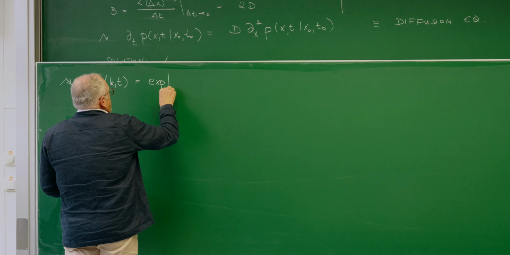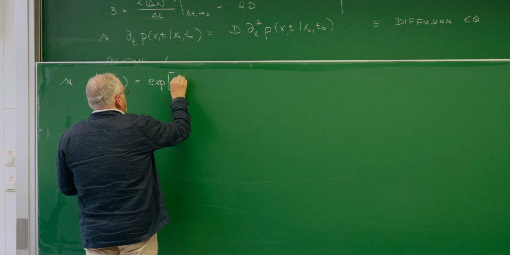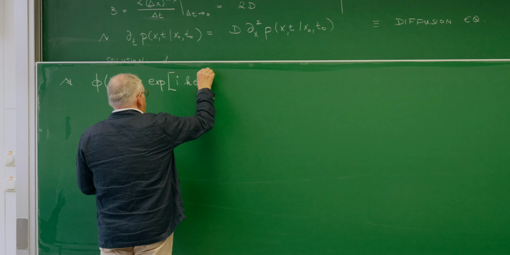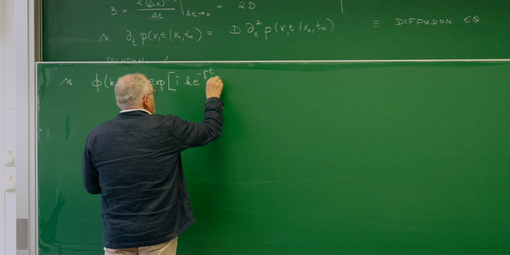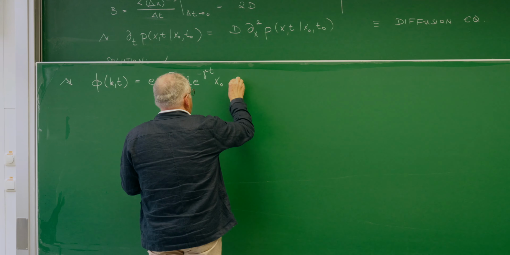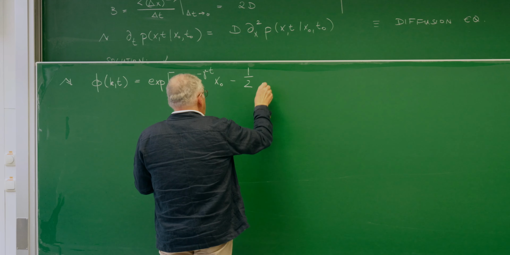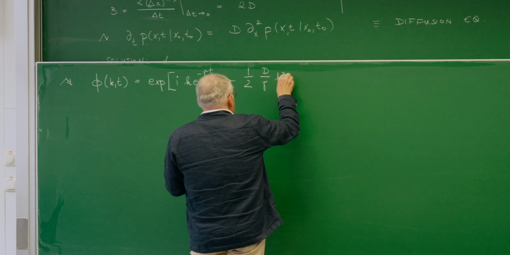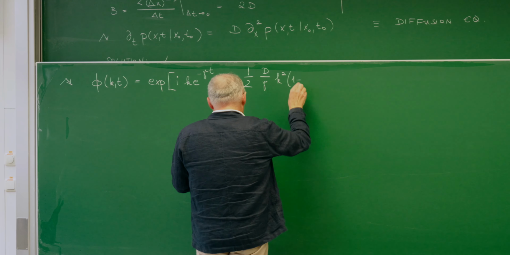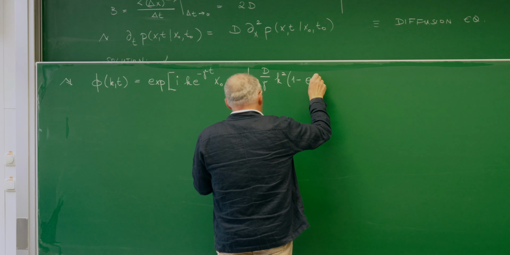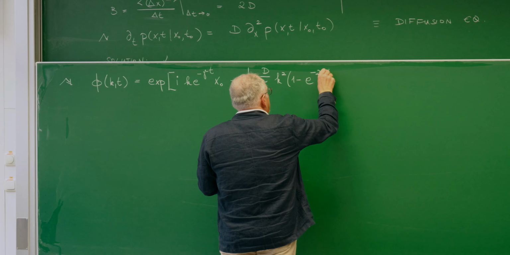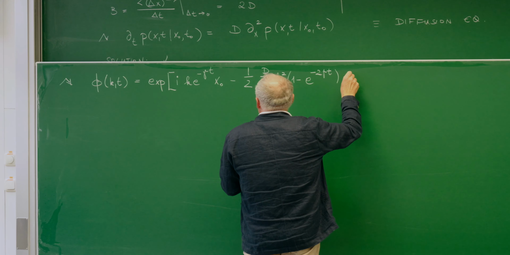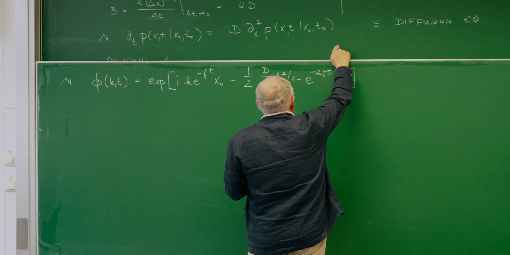And what we find is that this is e to the i k e to the minus γ t times the initial value of the position, minus 1 over 2, D over γ, k squared times 1 minus e to the minus 2γ t, average, bracket closed.